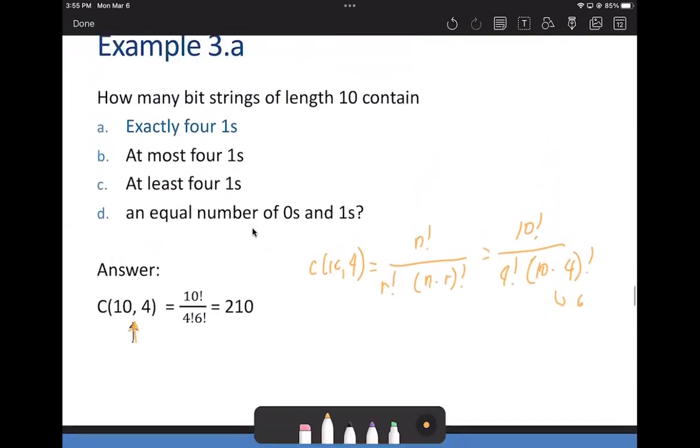So about at most 4 ones. I'll ask some people if in case na meron kayong idea dito. At most 4 ones. So ano mangyayari pag at most 4 ones siya? Ano kaya yung possible na solution na pwede nating magamit? Any guesses?